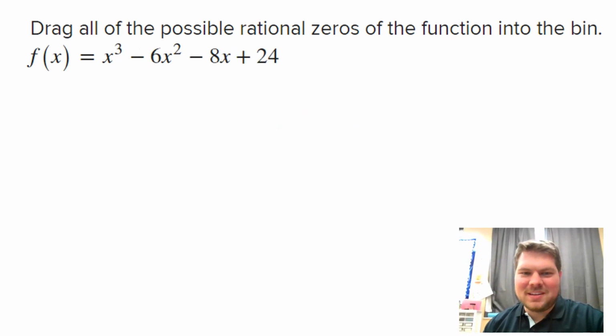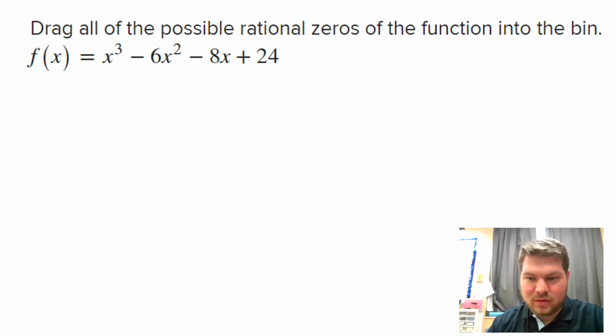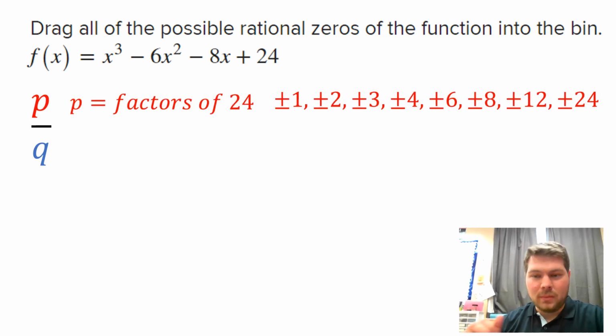Hey everyone, it's me again. So for these, it's similar to the ones that Andrea just did with you. We are going to do P over Q. In this case, our P is 24 and our Q is 1. So factors of 24, there's quite a few. 1, 2, 3, 4, 6, 8, 12, 24.